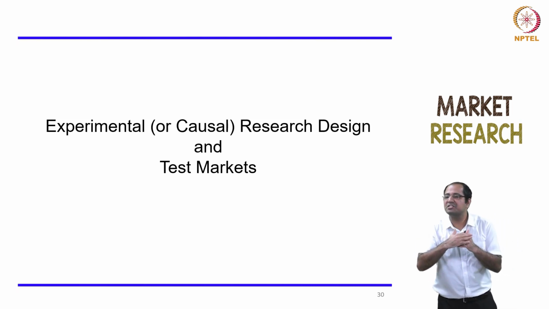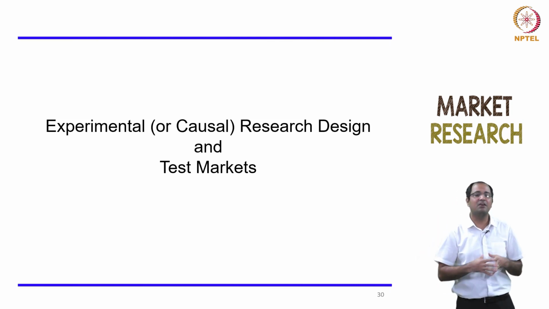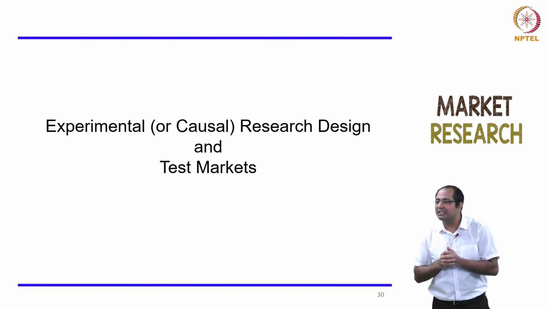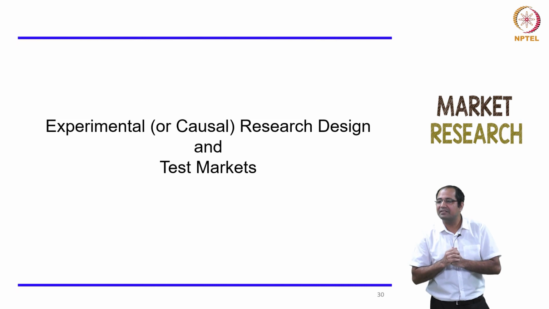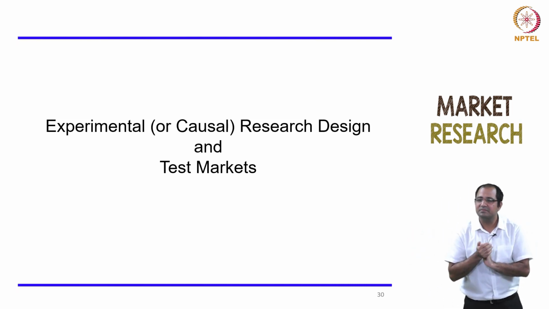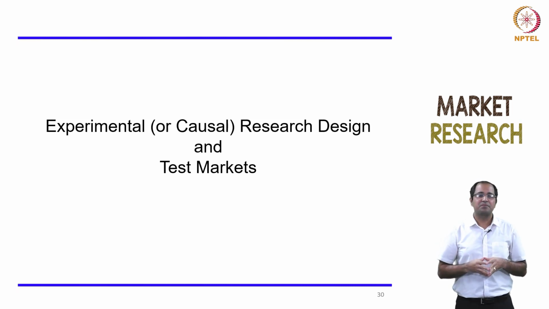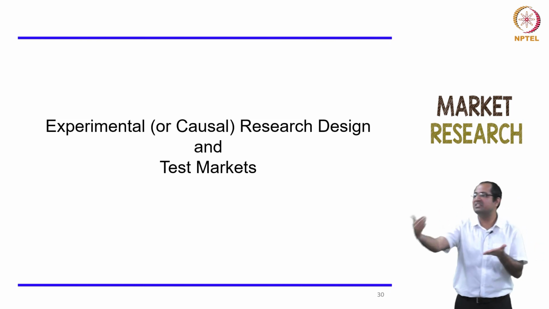So causal research design is the design which we are going to talk about, and experimentation is the method of determining the cause and effect. Now there are three basic conditions that are required to be met to say one is the cause and the other is the effect. So in causal research design, we have to establish one is the cause, the other is the effect.